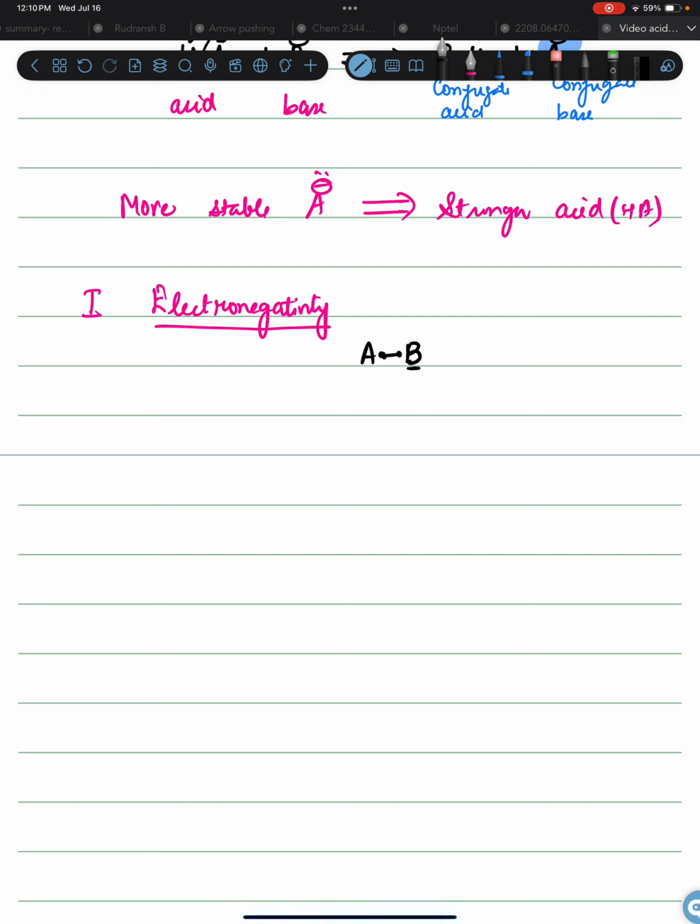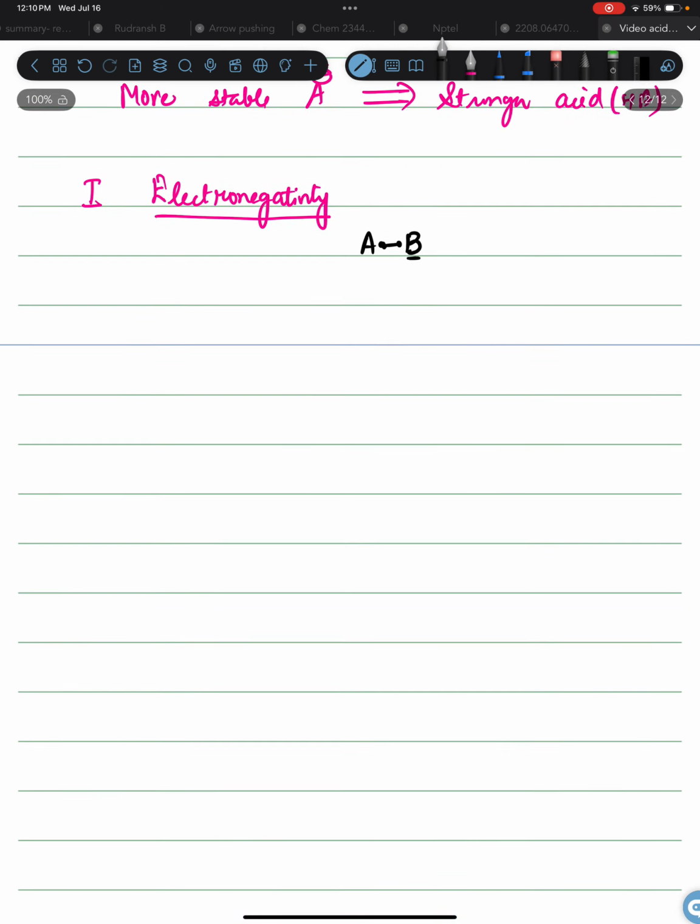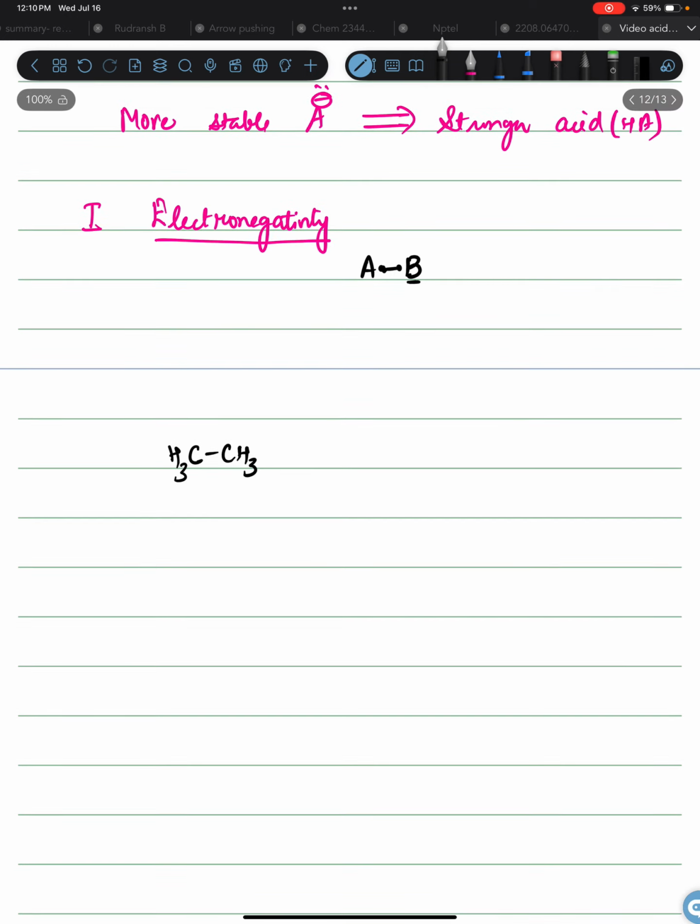Now let's see with an example how this factor can help us predict a stronger or weaker acid. Let's take the example of ethane.